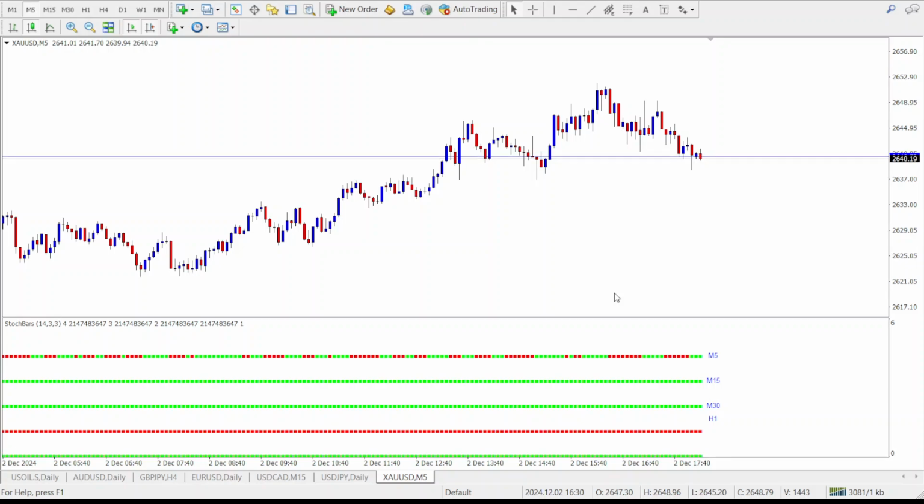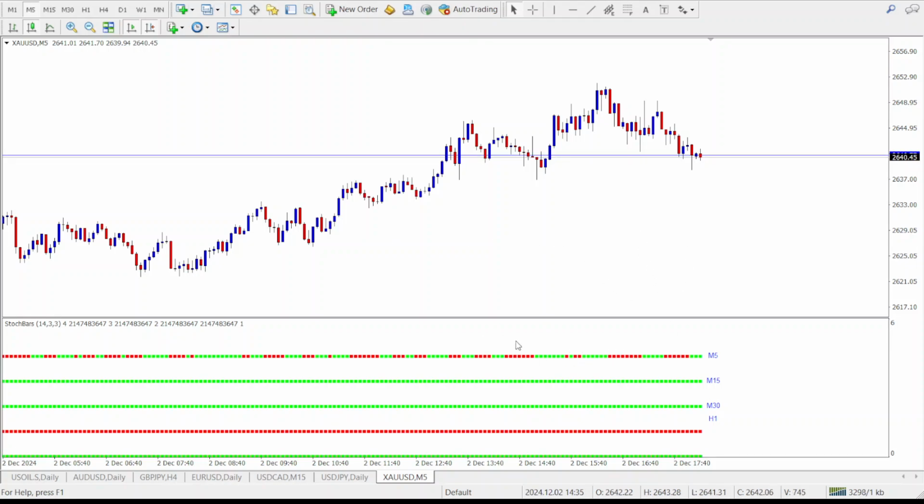If you want to enter a buy trade, smaller time frames can give you insights into better positions to enter buy trades at lower levels. If you want to enter sell trades, smaller time frames can give you insights into better positions to enter sell trades at higher levels.